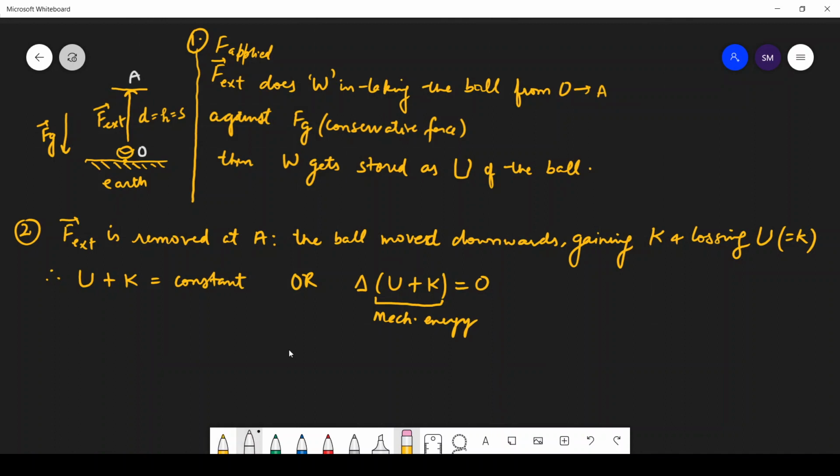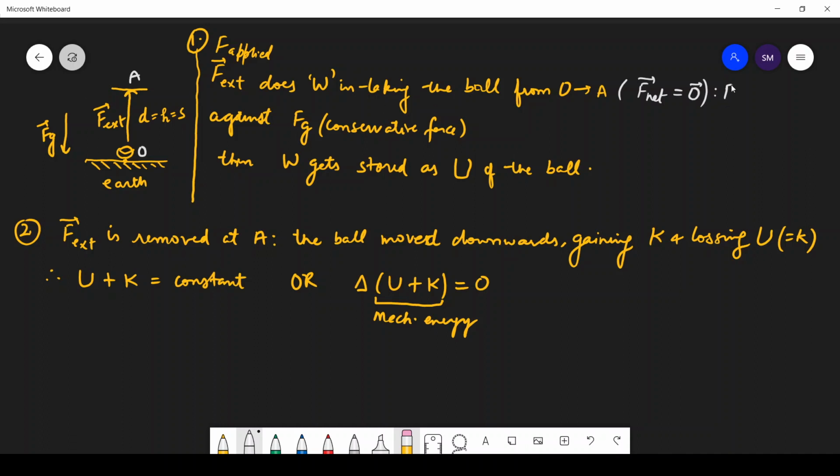The other condition is that when you are taking this ball from O to A, then net force on the ball must be 0. So when you are taking the ball from O to A, net force on the ball is supposed to be 0. It means throughout the path, net force is 0, which means upward force is equal to downward force.